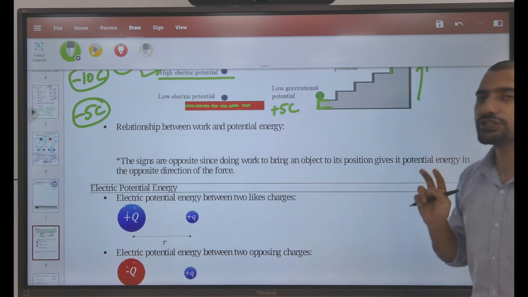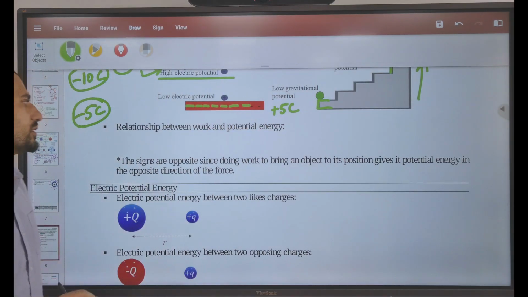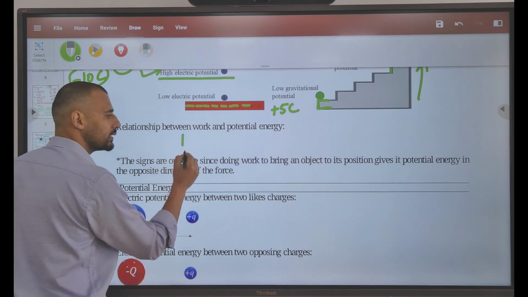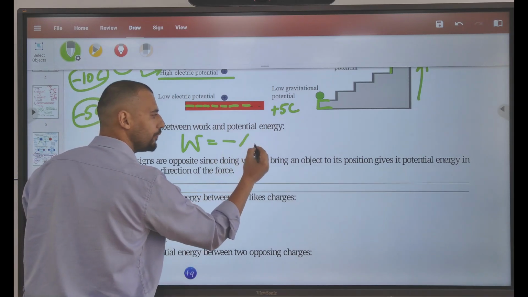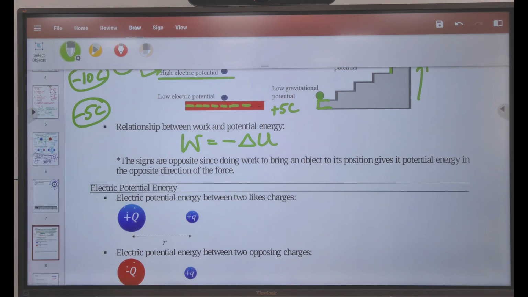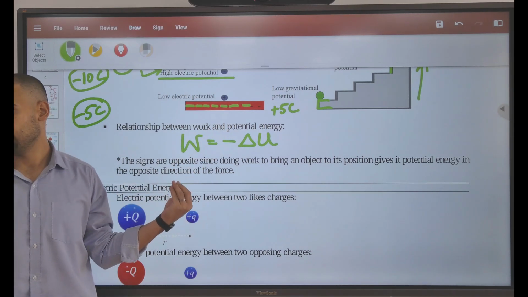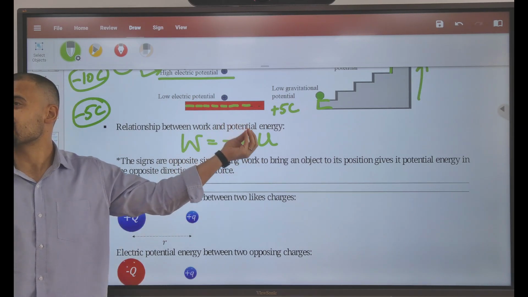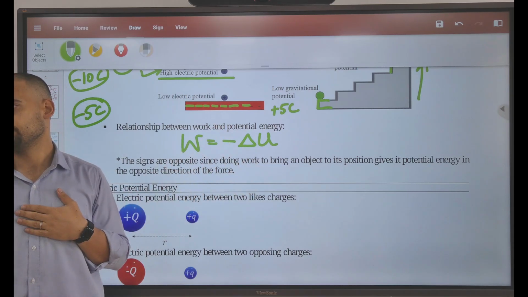Now, there is a relationship between the work and the potential energy. The relationship is that the work done is always equal to the negative of the potential energy. Remember this. Work and potential energy are the same, but by sign conventions they are opposite.